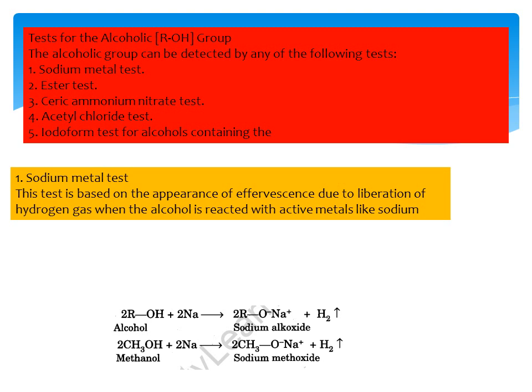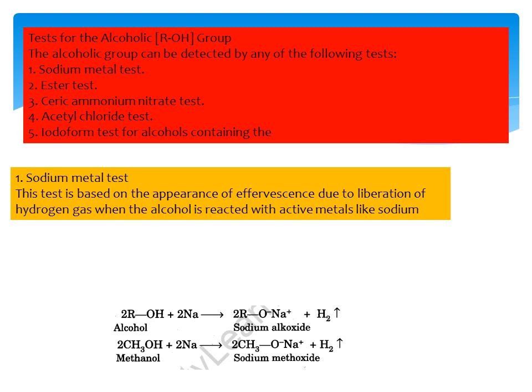First is the sodium metal test. If the given compound contains both acids and alcohol, this test is not suitable, because acids give a negative test. Acid won't give a positive test, but alcohols will respond positively. You take the given organic compound and add sodium metal in a dry test tube, and the reaction takes place.